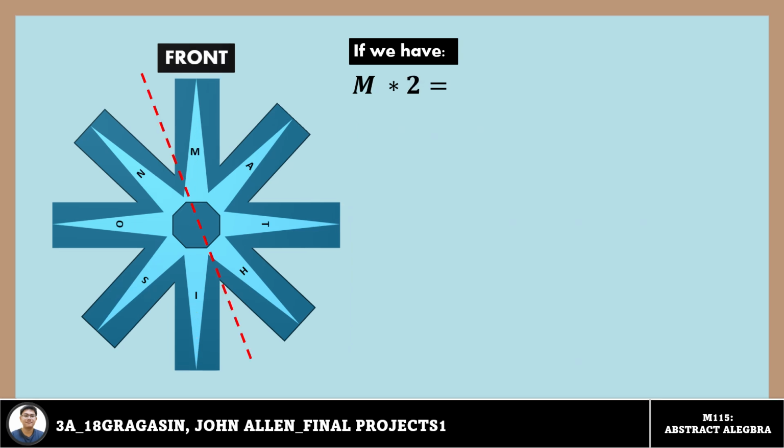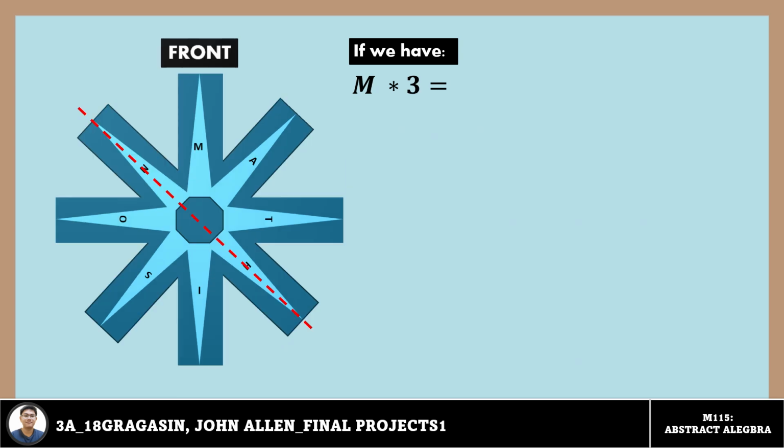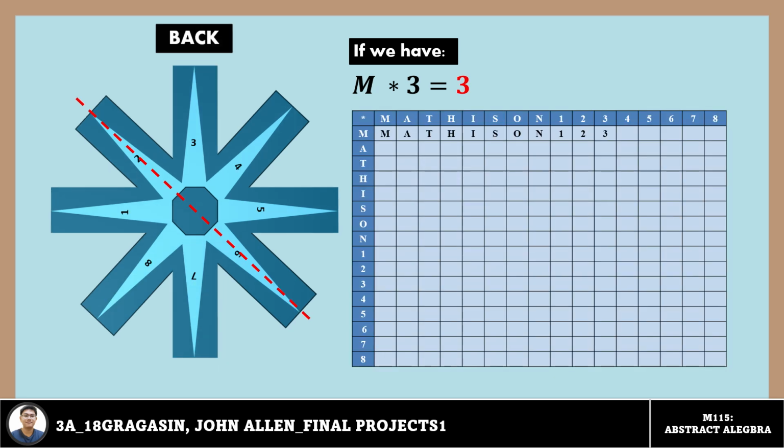If M star 2 or do nothing, then we flip between left diagonal and vertical axis. Our answer would be the element 2. Next, if M star 3 or do nothing, then we flip it about left diagonal. Our answer would be 3 or the element 3.